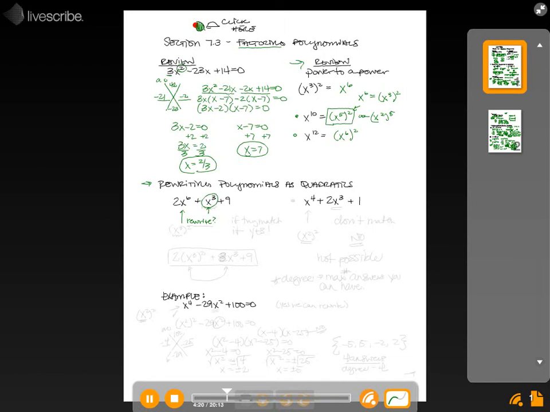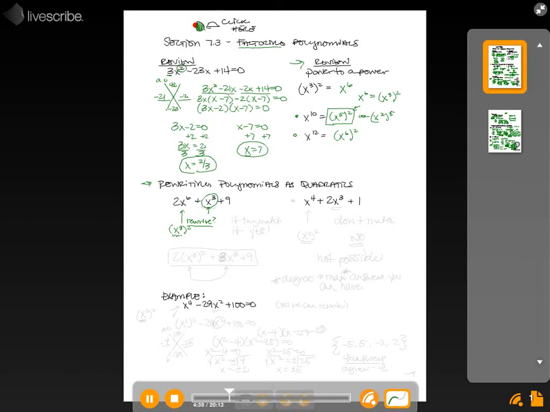So if our problem is 2x to the 6th plus x cubed plus 9, we're going to look at x to the 6th and see if we can rewrite it. We can rewrite it as x cubed squared, and again remember I told you we want that square on the outside of the parentheses. So we can write it as x cubed squared.